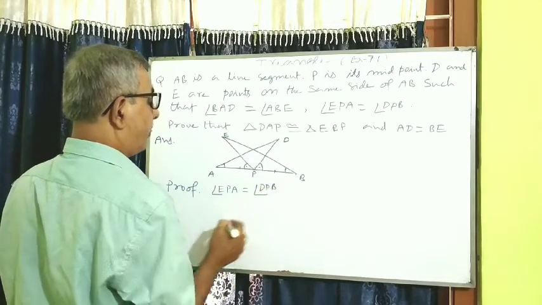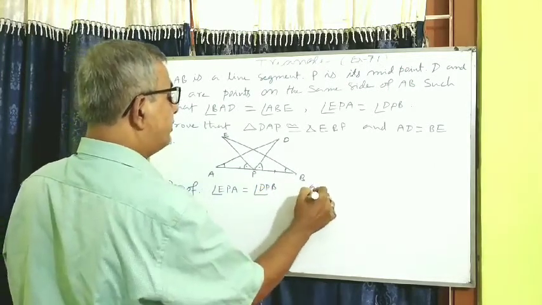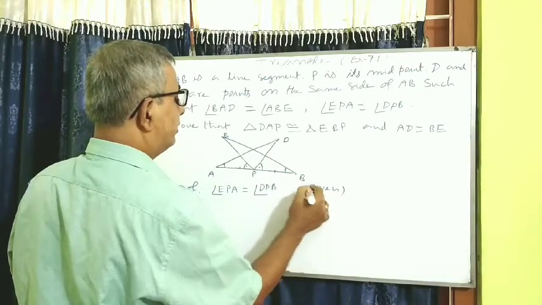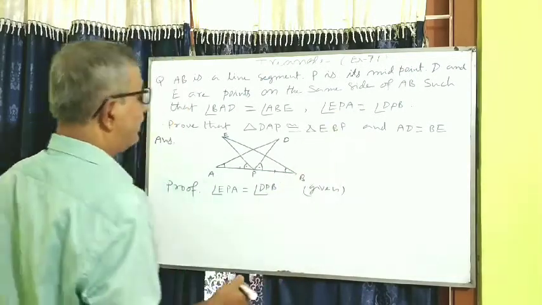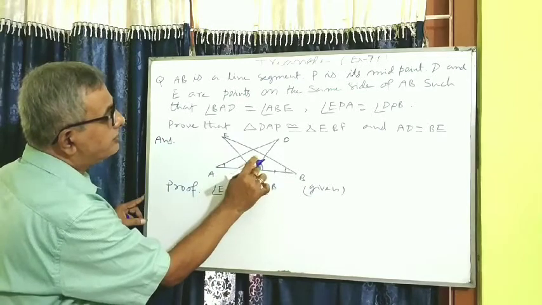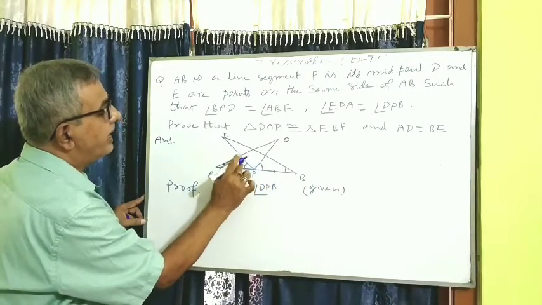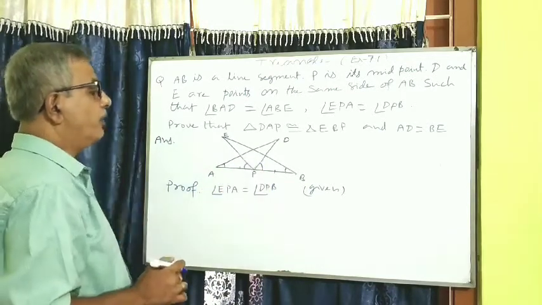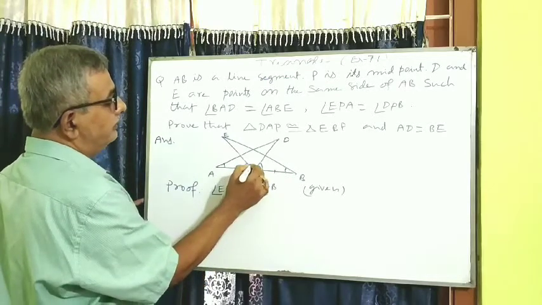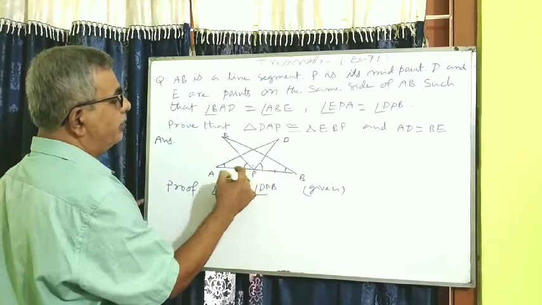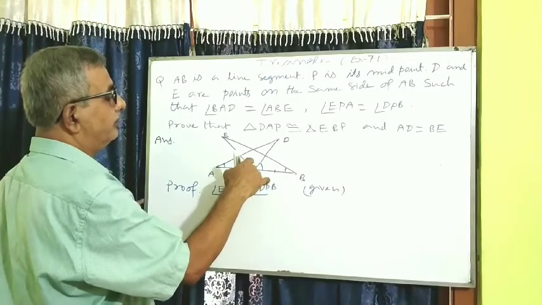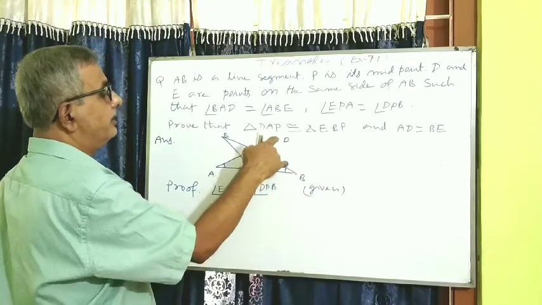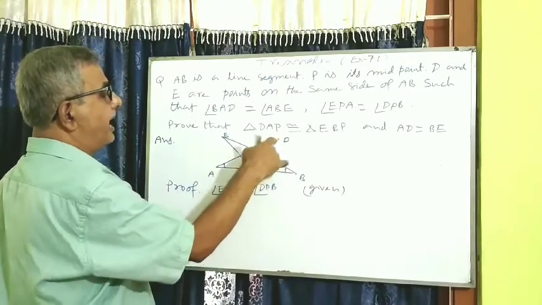From where have I written this? It is given in the question, you see. As you know, this angle and this angle are equal. Here, this middle angle DPE, you add to both sides.